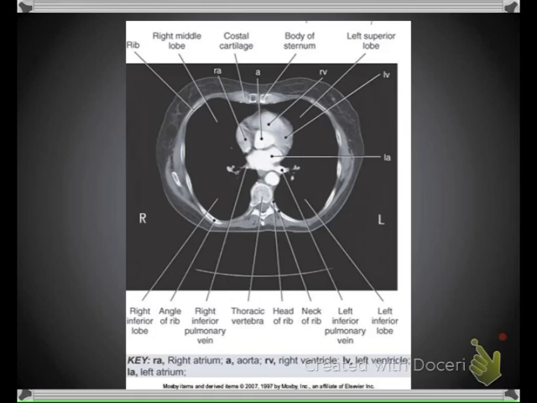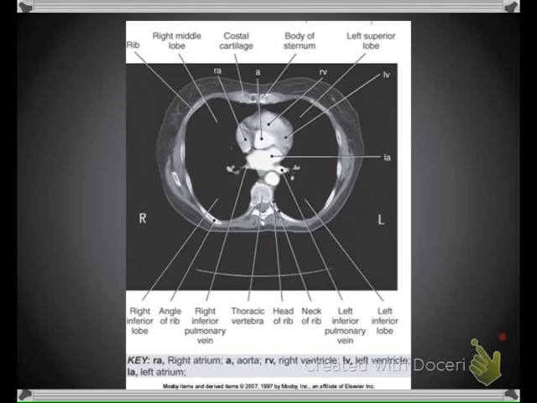So if we remove all of these lines, we do see that the head of the rib articulates with the vertebral body, and this forms the costovertebral joint. And we don't see the costotransverse joint. Perhaps in some other images we will actually see this. I know in future lectures we will actually go over this as well. So it becomes something to build off of in terms of knowledge.